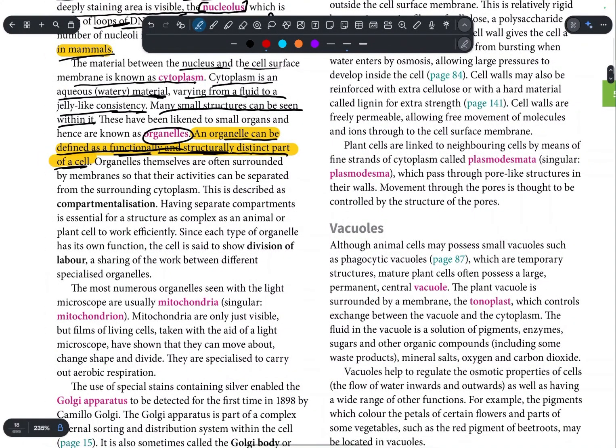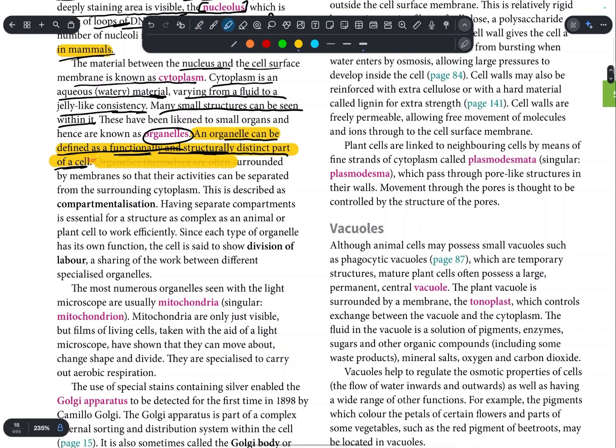Organelles themselves are surrounded by the membranes, so their activities can be separated from the surrounding cytoplasm. This can be described as compartmentalization. The function of these membranes, which manage the environment inside and outside the organelles and keep the substances separate, is called compartmentalization.